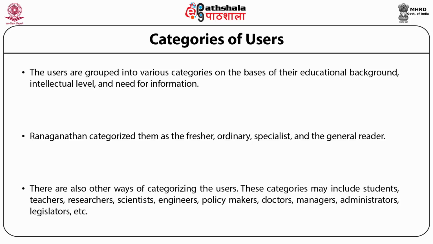There are scientists who are very well aware as to what they really want information about, but at the same time they do not have adequate time to visit the library in search of information. Engineers who also know as to what type of information and in what format they need. Policymakers also is another group of users who need information for making and formulating policies. Doctors who want to solve a clinical problem.